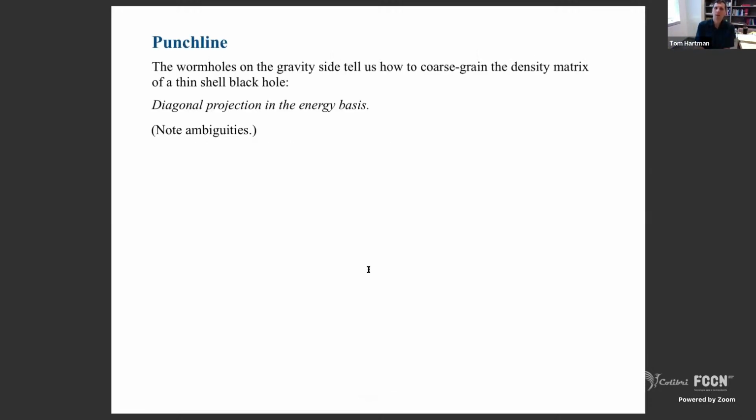So the punchline is that the wormholes on the gravity side tell us how to coarse-grain the density matrix of a thin shell black hole. What they've told us is that the coarse-grained state is the diagonal projection in the energy basis. I should note that there are ambiguities in this, because when you calculate trace rho bar to the k, that's invariant under unitaries.